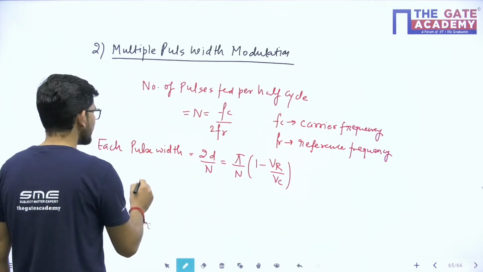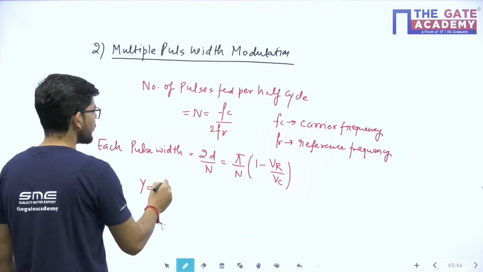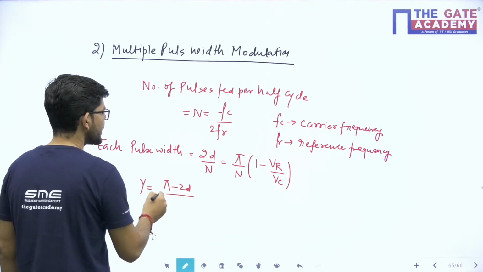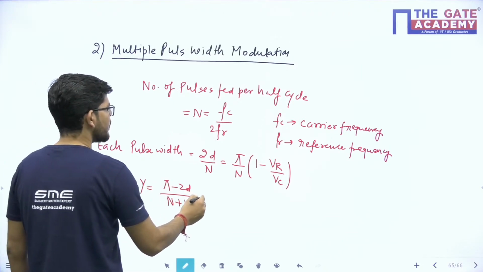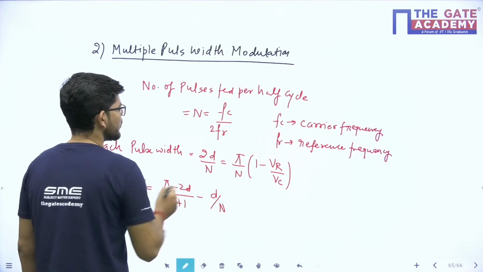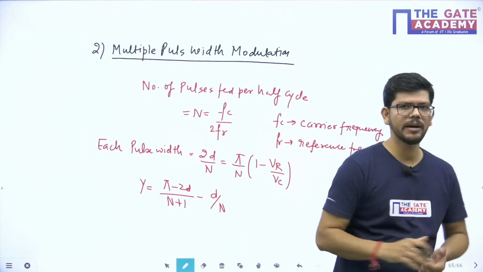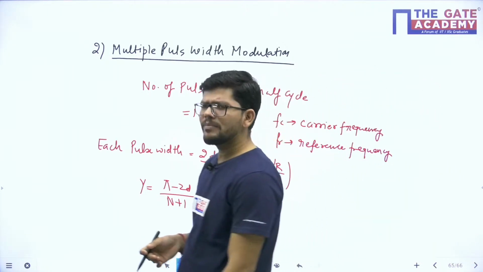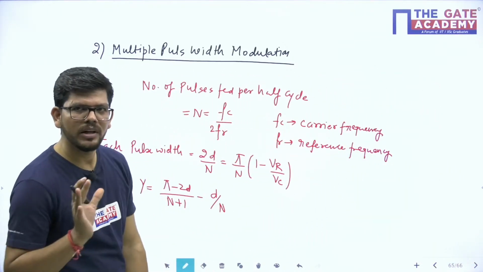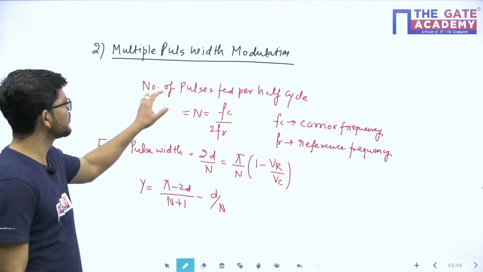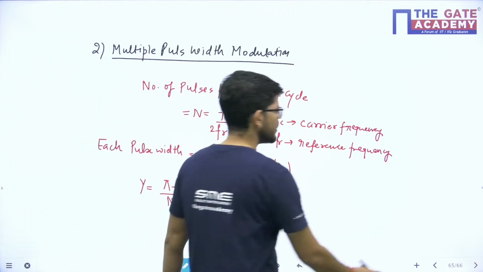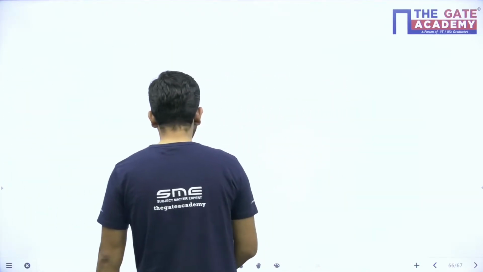And one more thing, that is gamma extension, we may calculate it by pi minus 2D upon N plus 1 minus D upon N. Okay. So by using these formulas, you can do all calculations regarding MPWM. I have not seen any questions coming so far from this particular topic, but maybe this may come in your paper as well.